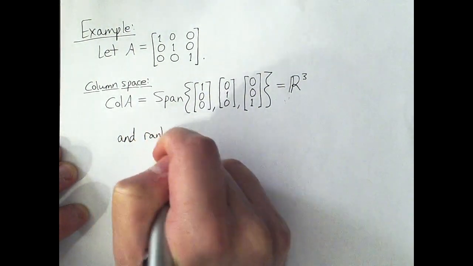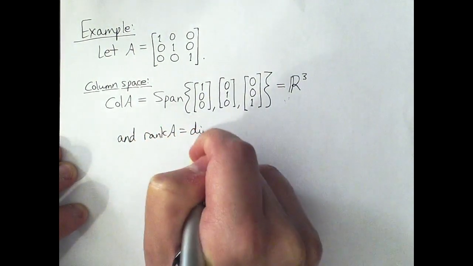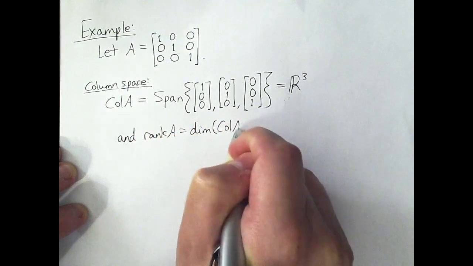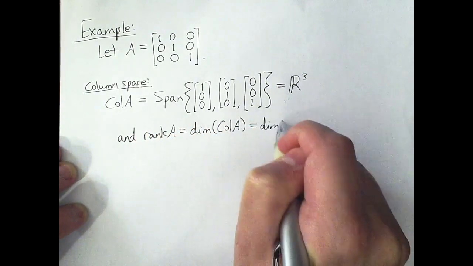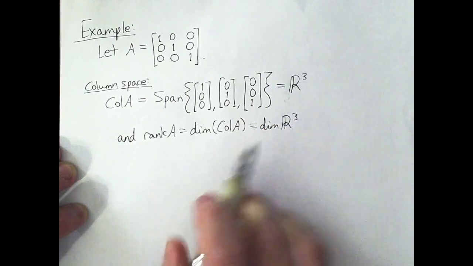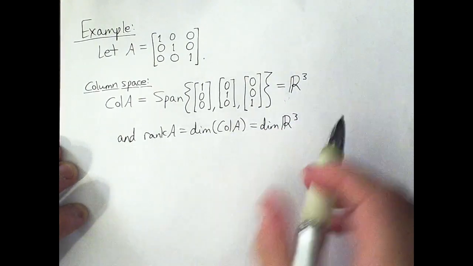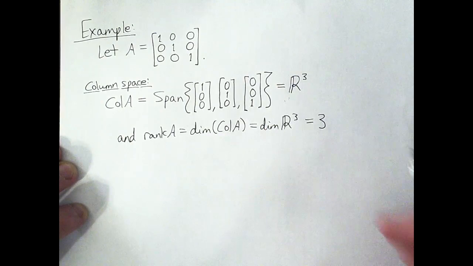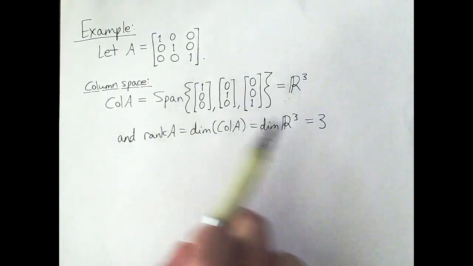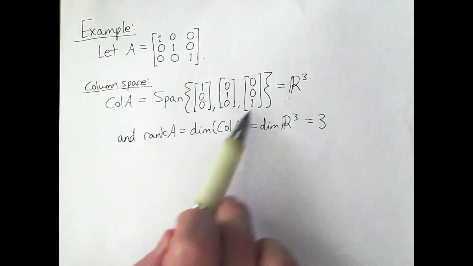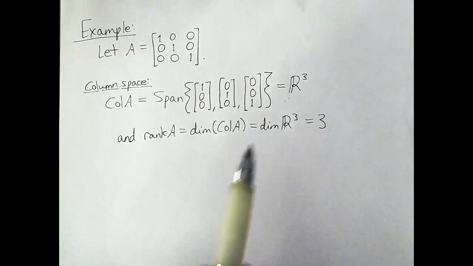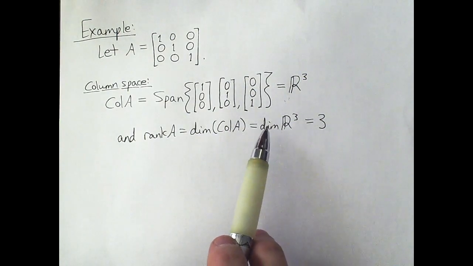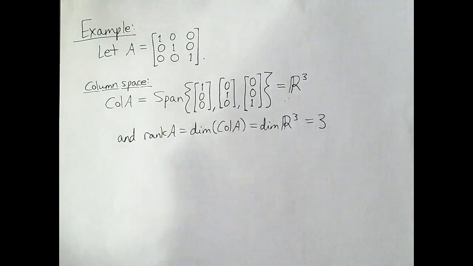Rank of A, which is the dimension of col A, is the dimension of R3 then, because we said that the column space of A is R3, and we've already said the dimension of R3 is 3. We could see it from the three vectors that we could write as a basis, and also because we said earlier that the dimension of Rn is always n.